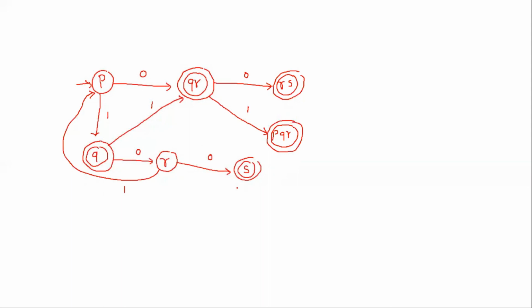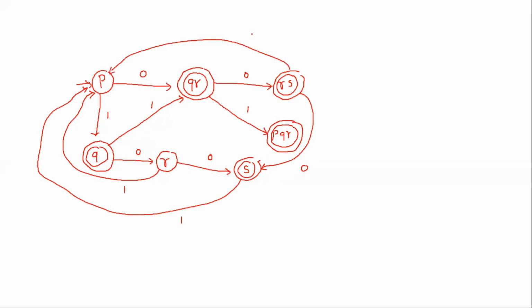Then S for 1 goes to P. Then this RS for 0 goes to S, and RS for 1 goes to P. Then transitions from PQR: PQR for 1 is a self loop, and PQR for 0 goes to QRS.